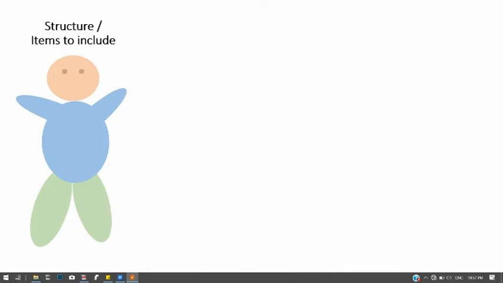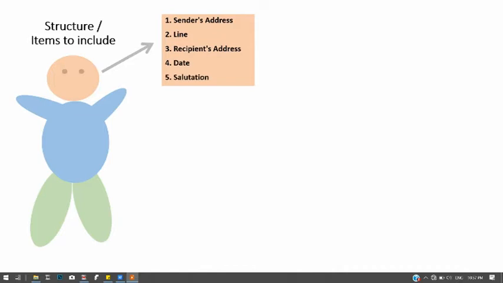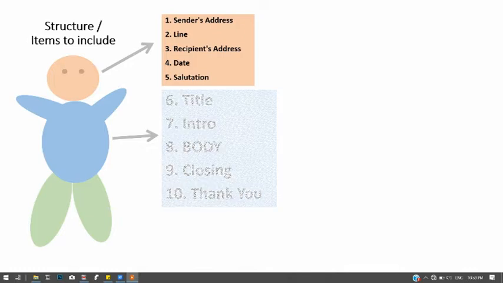Let's talk about the top part, which is the peach zone. We have several items within this zone. For example, we have sender's address, we have line, we have recipient's address, we have date, and finally we have salutations. All of them I put into the peach zone or the top zone. The middle zone happens to be the most important part of this body.